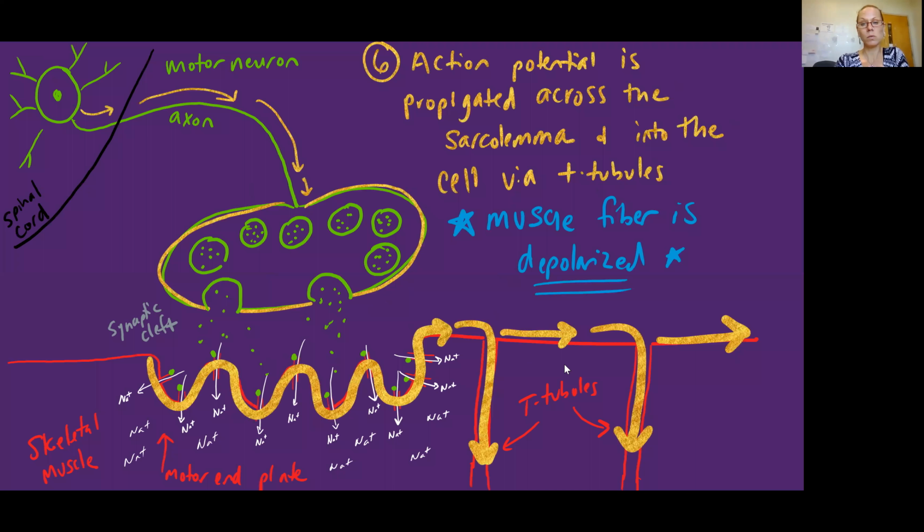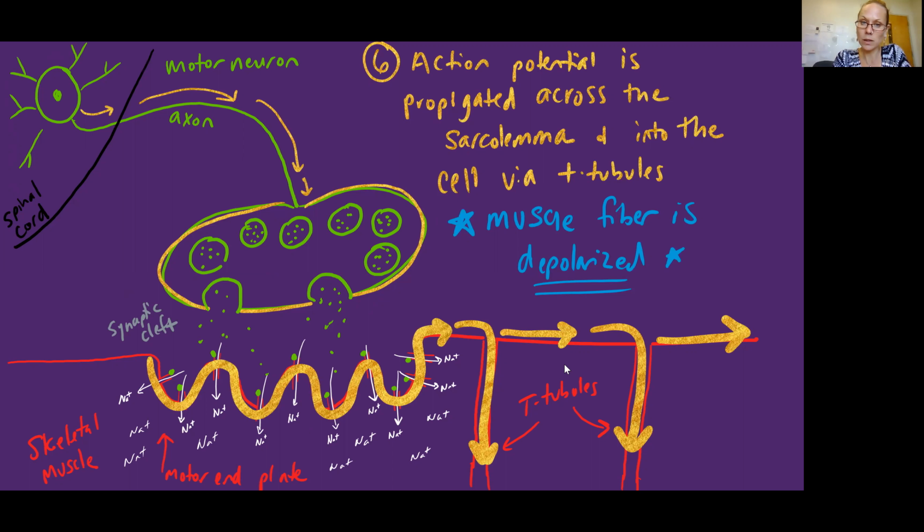Okay, so this is where we left off. You remember this drawing, or maybe you drew your own, maybe you just wrote it out in words, maybe you're looking at the artwork in your textbook. Remember, we had our action potential generated by the motor neuron, which traveled the length of the motor neuron to the synaptic knob. When it gets to the synaptic knob, that triggered the opening of voltage-gated calcium channels.